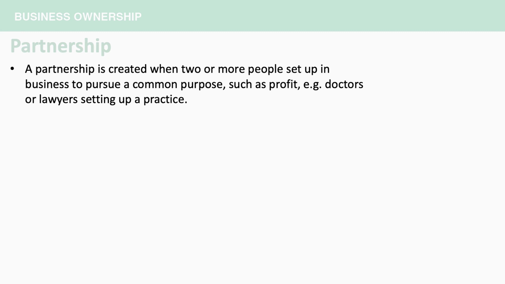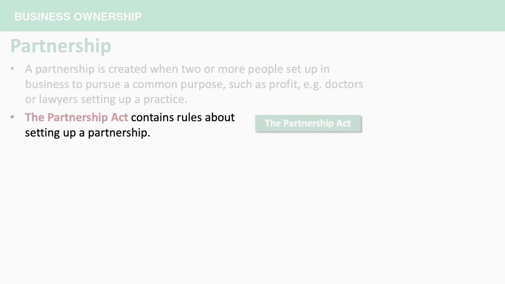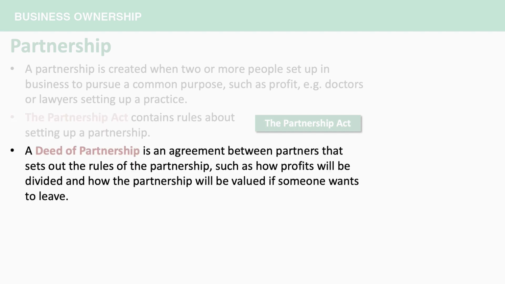Now, if two of you enter into a partnership, you must abide by the Partnership Act. This contains rules about setting up the partnership. As part of setting up the partnership, you will need a deed of partnership as an agreement between the partners.